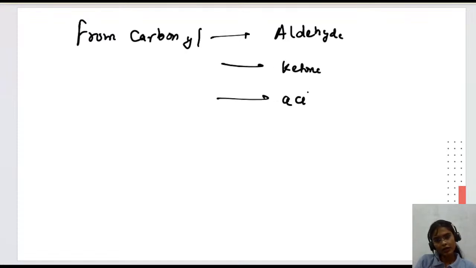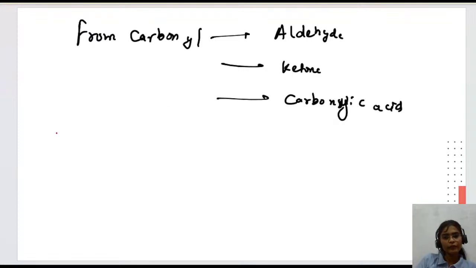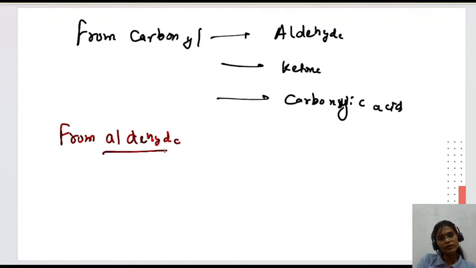Be noted, it's a carboxylic acid. Anyway, let's just start with the very first, that from aldehyde. So this is the last topic of the class. So let me just explain the aldehyde part.